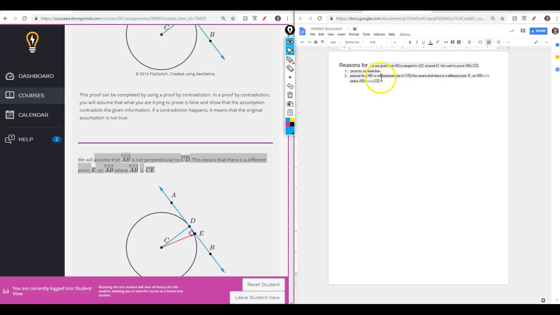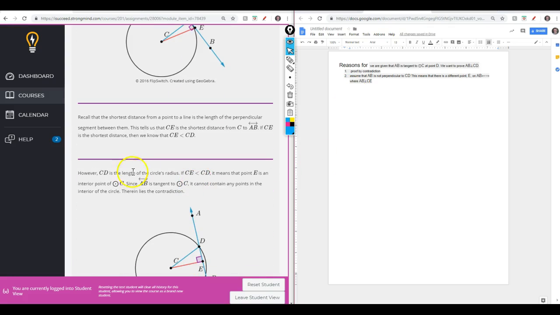And I'm just keeping in mind that these are the lines. I might actually just screenshot this, I'm not sure. Recall that the shortest distance from a point to a line is the length of the perpendicular segment between them. That seems like pretty valuable information.